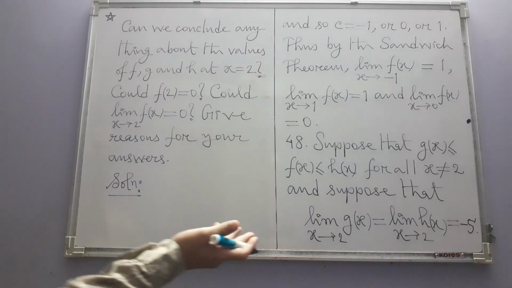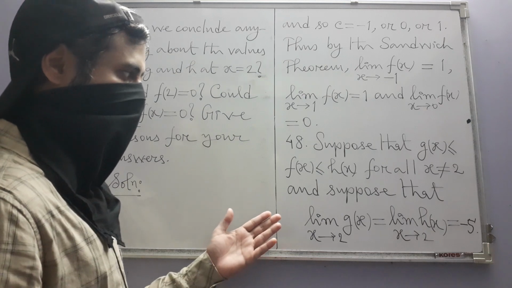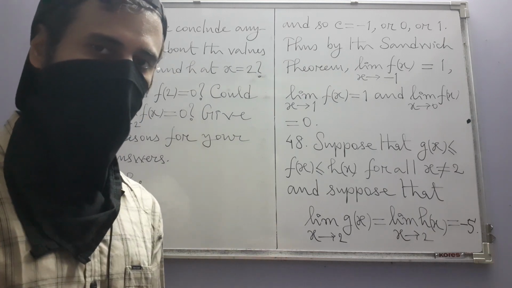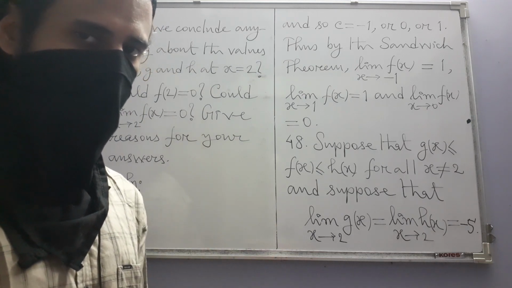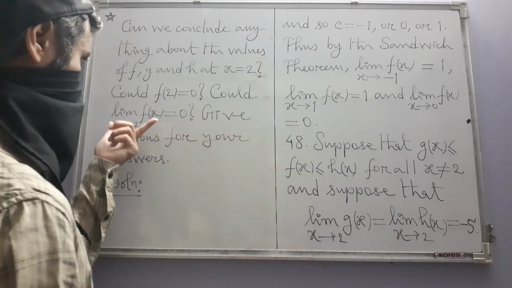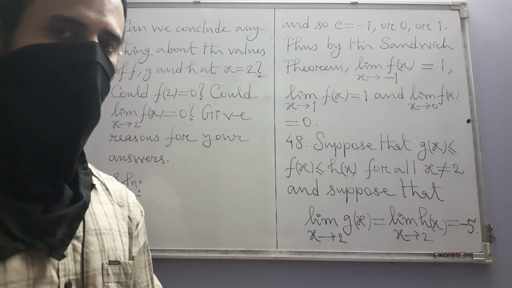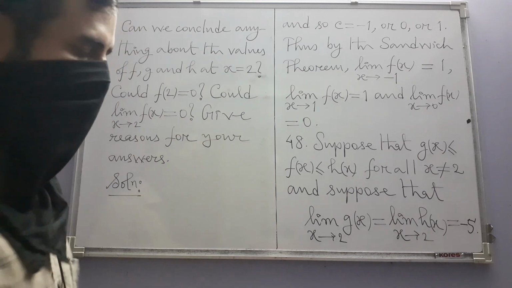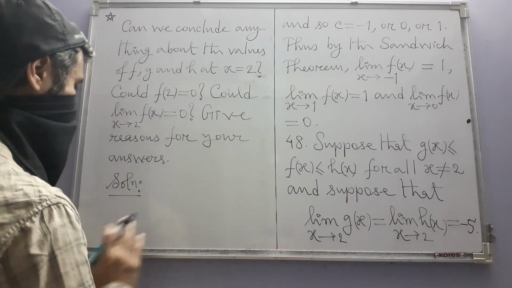So we can immediately see from the hypothesis that we are able to directly use the sandwich theorem in this case and conclude that this limit must be equal to minus 5. Okay, so let's do that first.